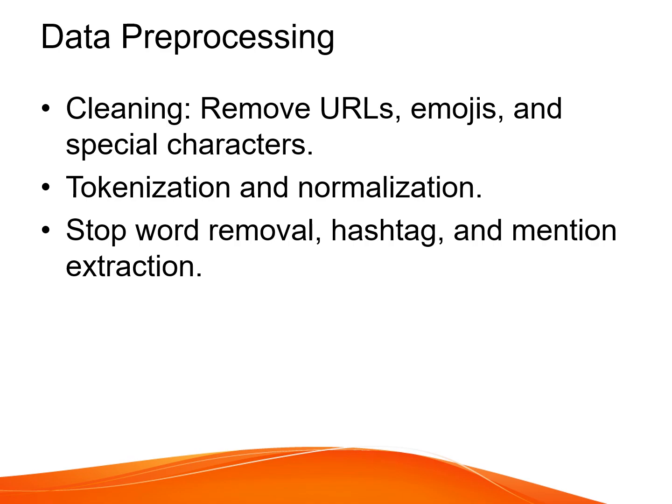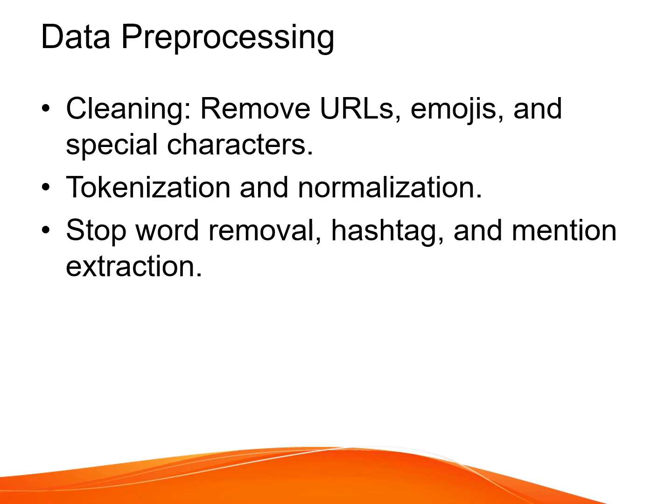And when coming to data processing, social media data contains hashtags, emojis, slang, and abbreviations, which can distort analysis. Pre-processing involves removing noise, tokenization, which means breaking the sentence into small words, normalization, and hashtag extraction.